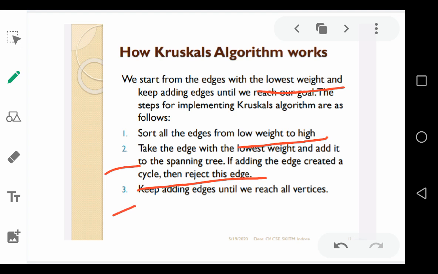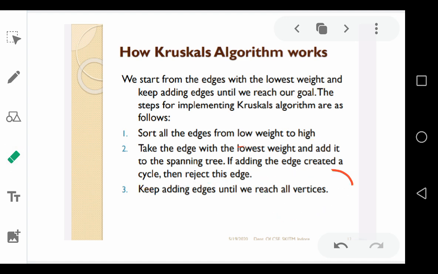At last, we keep on adding edges until we reach all the vertices. If the edges are connecting all the vertices of the graph, at that time we stop our procedure.